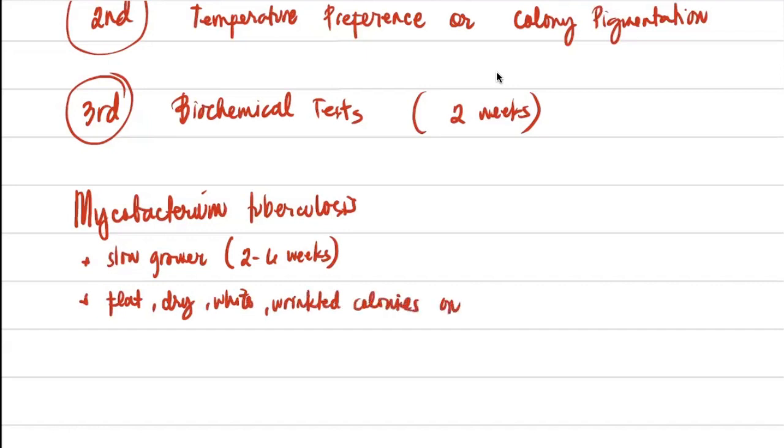Okay? On solid media. Now, so that gives us the idea that Mycobacterium tuberculosis, considering that it is white, no, it is a non-chromogenic or non-pigmented organism.